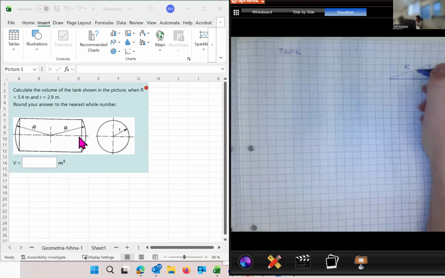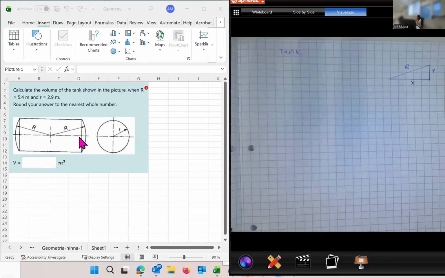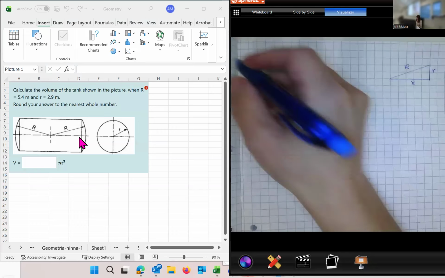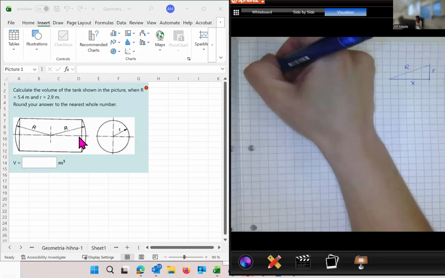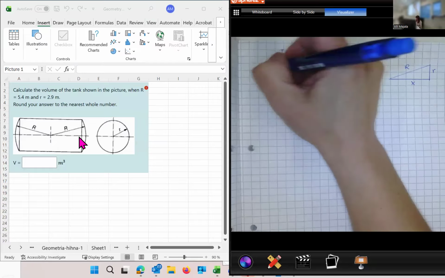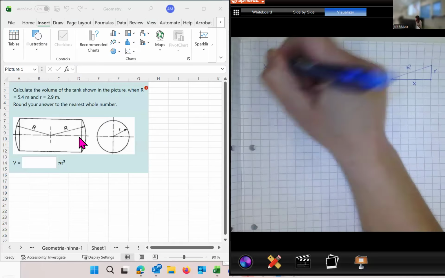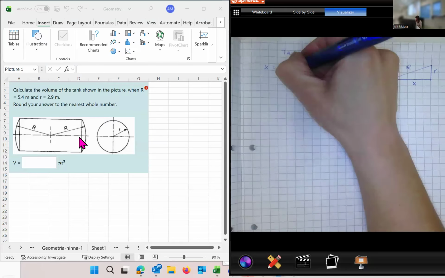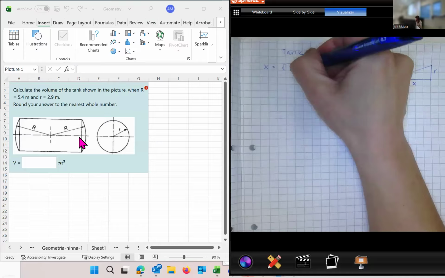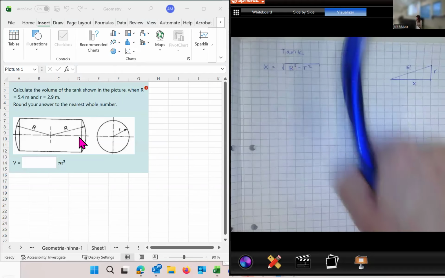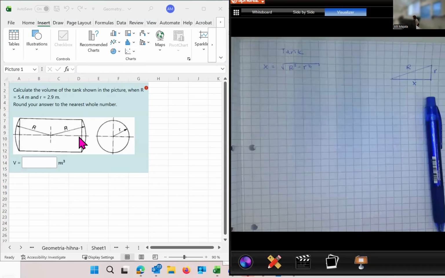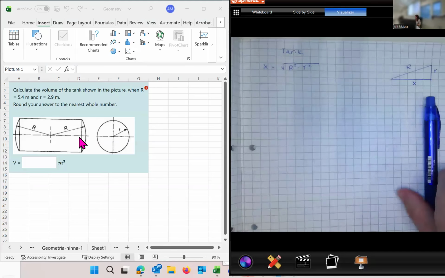It can be x. Okay. So my x is the square root of big R squared minus small r squared. So as you see in these geometry exercises, this right triangle is actually really useful, yeah?